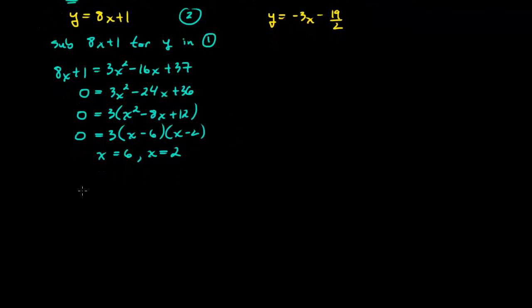So if x is equal to 6, that means y is equal to 8 times 6 plus 1, which is equal to 49. If x is equal to 2, y would be equal to 8 times 2 plus 1, which is equal to 17.